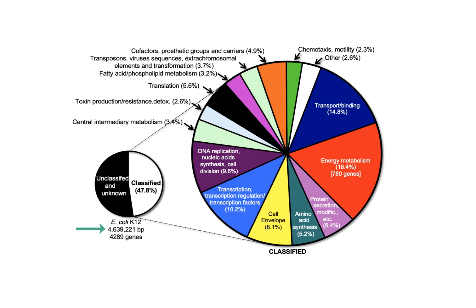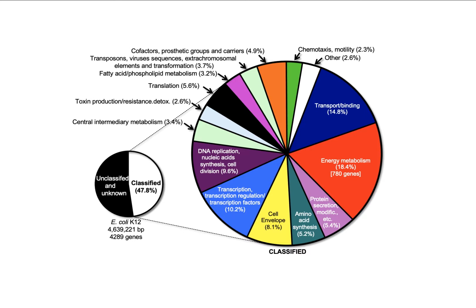It's got a 4.7 million base pair genome, encoding 4,289 to 4,300 genes, making various proteins for that cell in order to function.